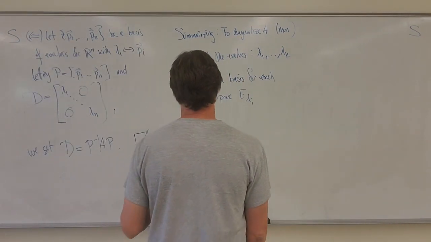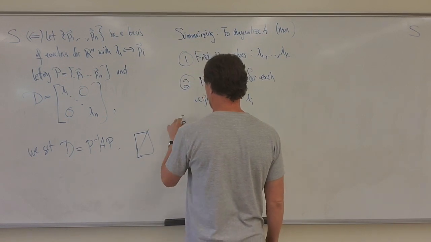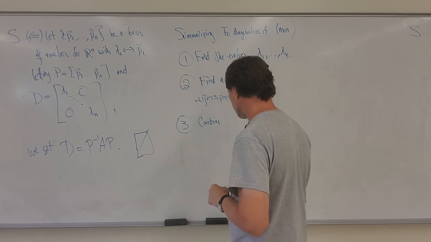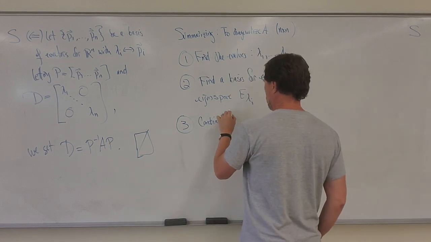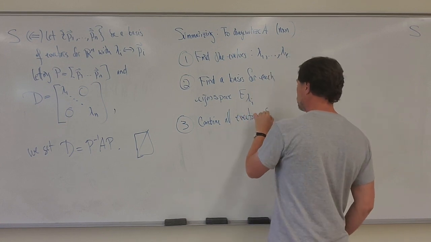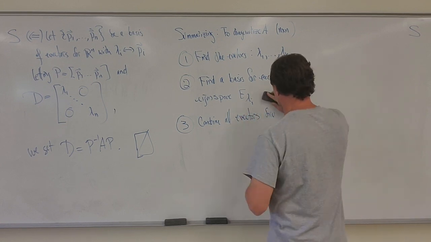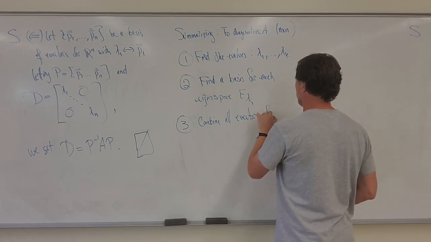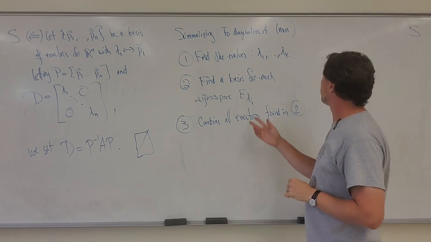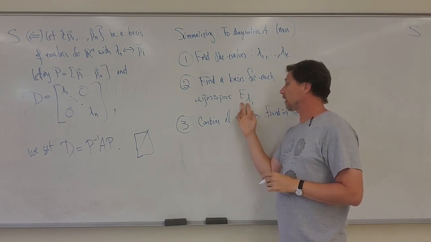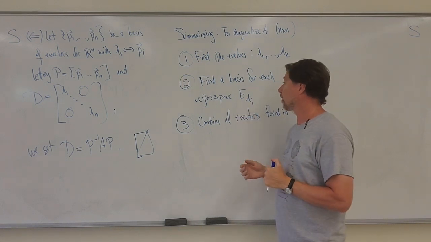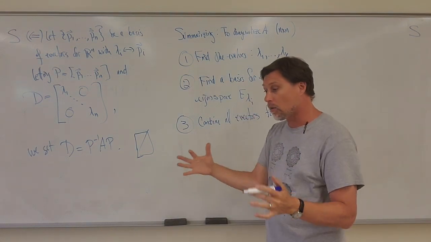Now, the third step: combine all eigenvectors found in step 2. Each time you find a basis, there are some eigenvectors for E sub lambda 1, then a basis with more eigenvectors for E sub lambda 2. Lump all those into one set.